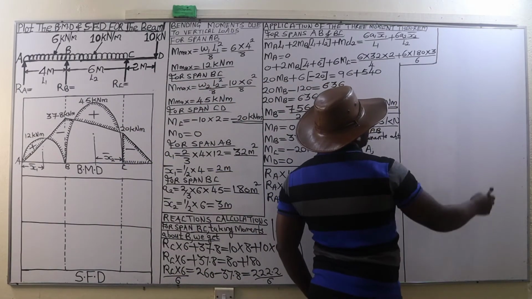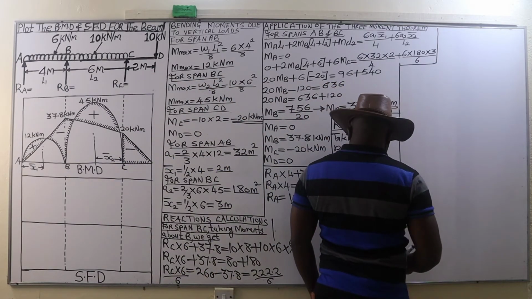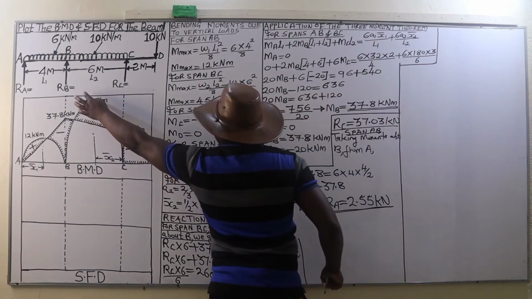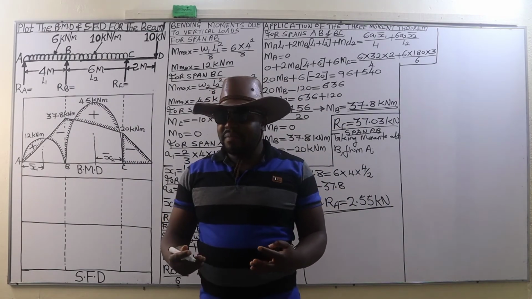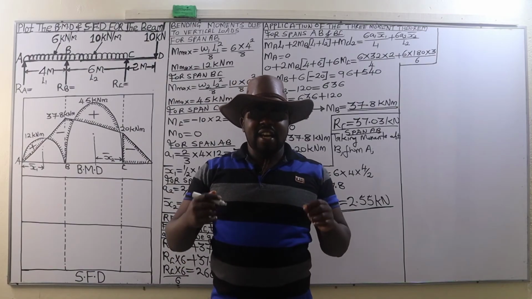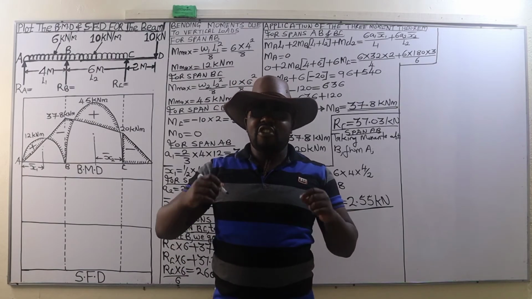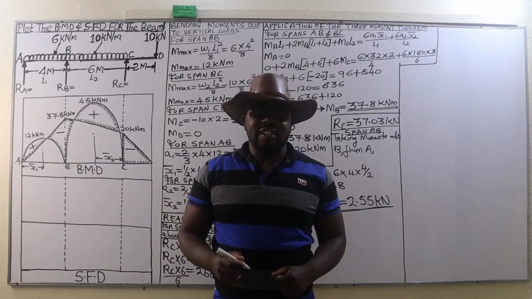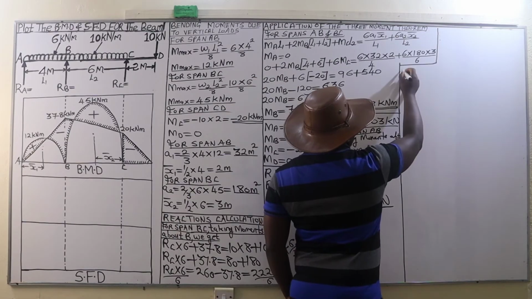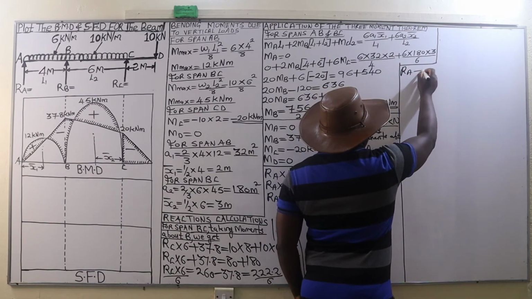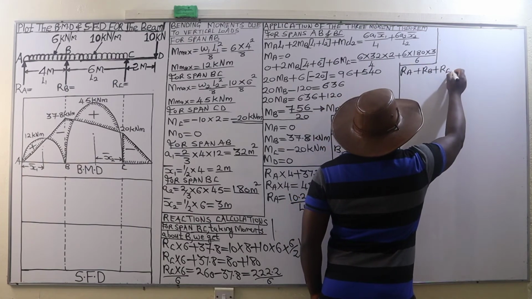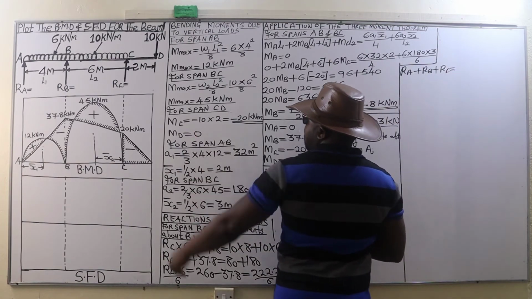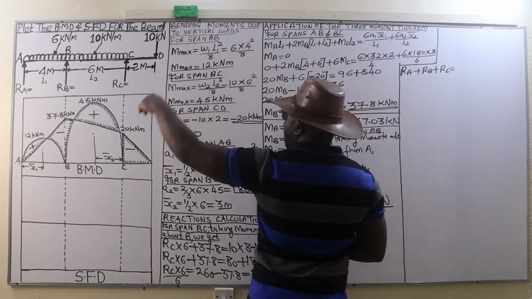From there, we are remaining with the reaction at B, and for us to get the reaction at B, we are going to say this: the sum of all the upward acting forces must be equal to the sum of all the downward acting forces. So we are going to have RA plus RB plus RC. Those are the upward acting forces, which must be equal to downward acting forces.